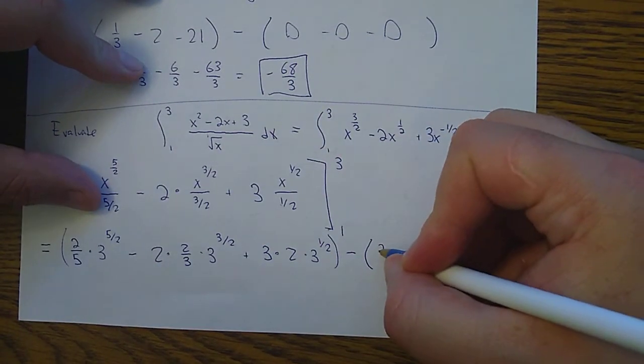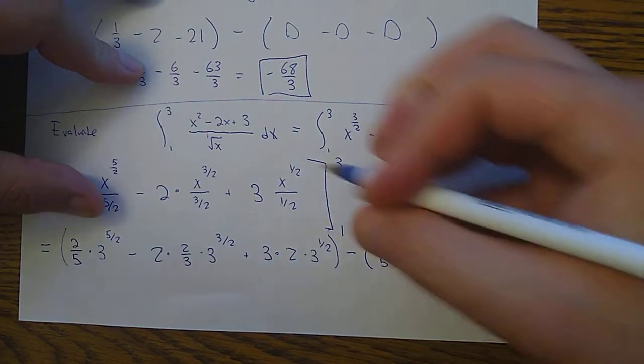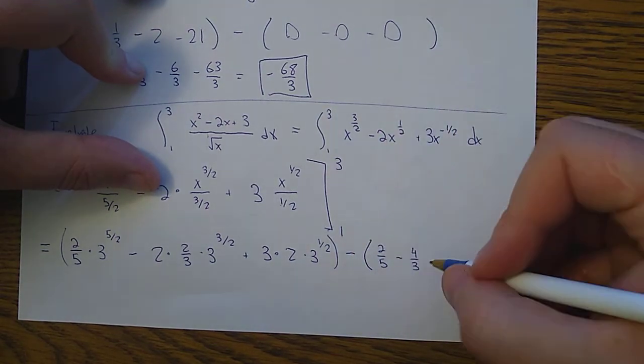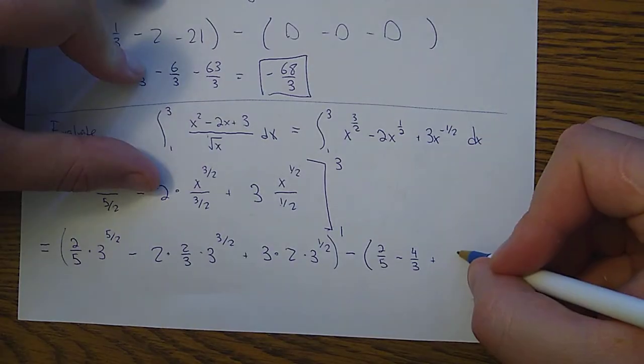So 1 should be easier because 1 to any power is 1. So this is just going to be 2/5 minus 4/3 plus 6.